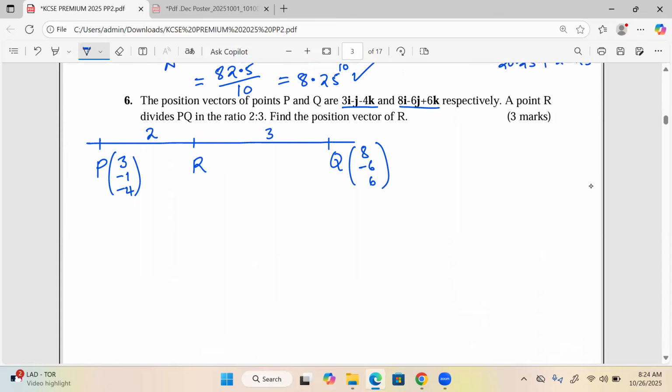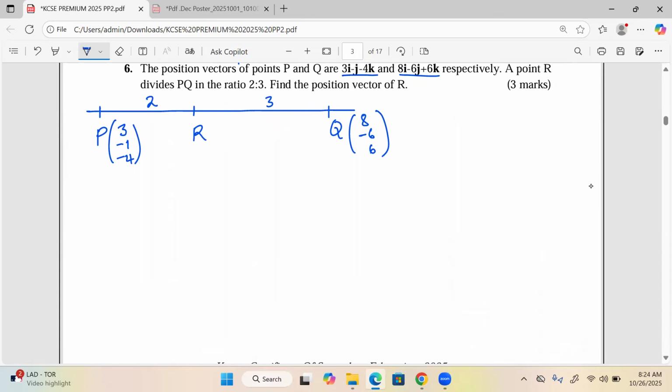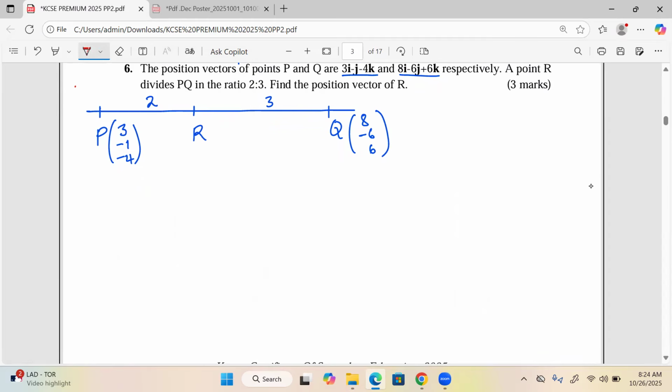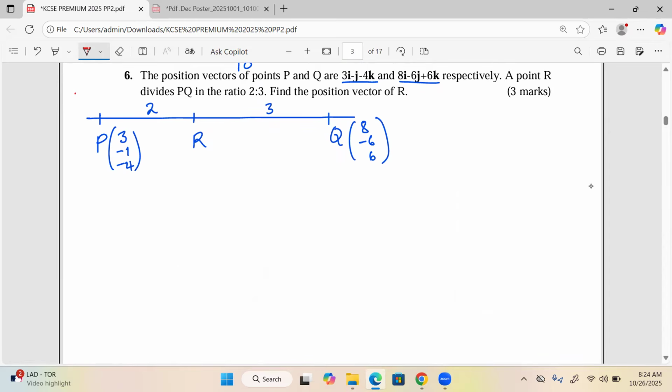2:3. When we apply the ratio theorem here, those who have been following my presentations know that we've been applying the ratio theorem in most of the questions in section A, even when the scale factor is negative. Therefore, when we pick the ratio of 2 out of the total proportions that are 5, we multiply by the opposite vector, which is Q. 8, -6, 6.